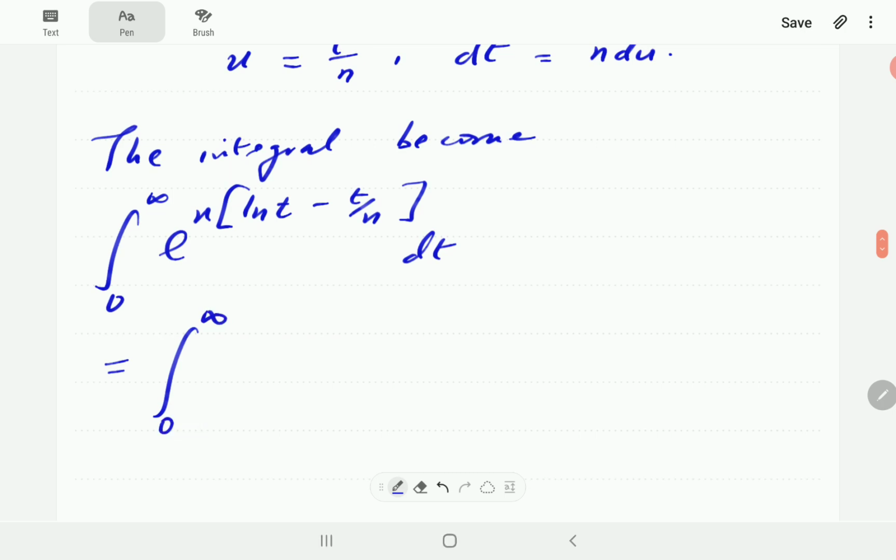So integration limits remain exactly as before. E to the power n, then ln t is going to be ln un, minus t over n is u, then n times du.